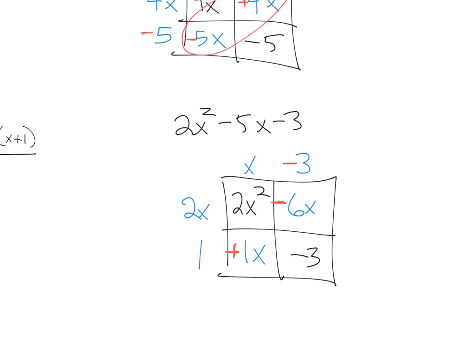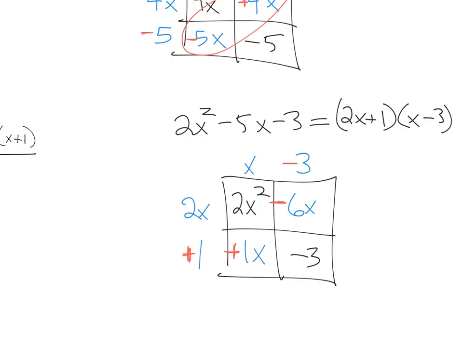So that makes this a negative 3, and that makes this a positive 1. And sure enough, positive 1 times negative 3 is the negative 3 that we are looking for. So this factors to 2x plus 1 times x minus 3.